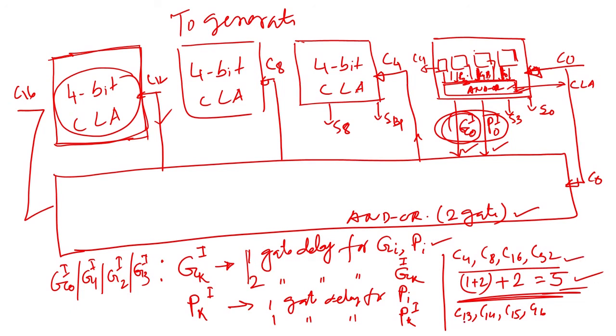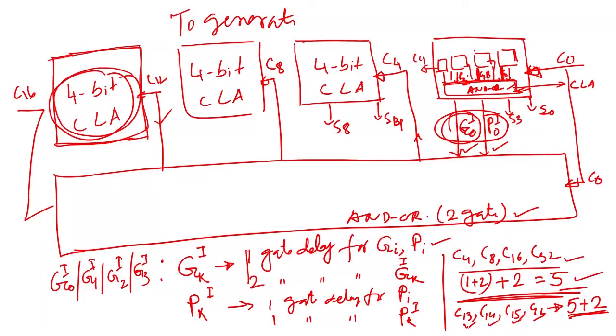But inside this 4-bit CLA, C13, C14, C15 and C16 will again take another 2 gate delays, total 5 plus 2 gate delays within this 4-bit CLA.